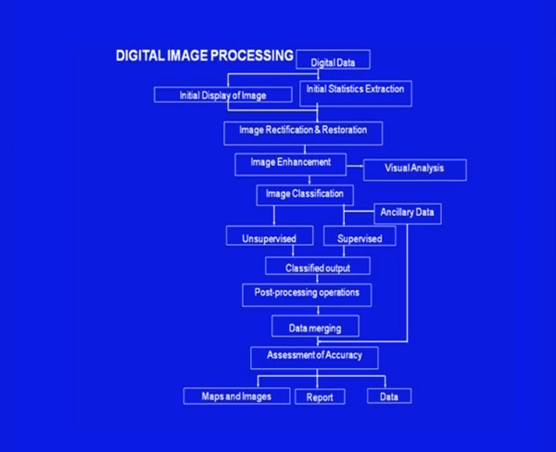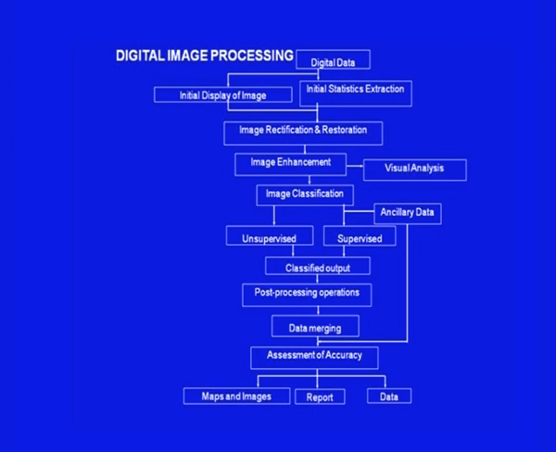Well, this classified output may have some noise, that is, irregularly some patches may occur which may require certain cosmetic cleaning, and this is what we call post processing operations, so that the image appears to be smooth and uniform in terms of feature identified.